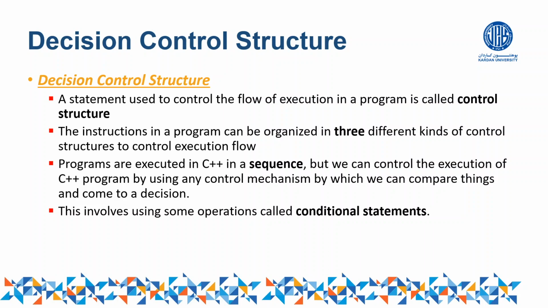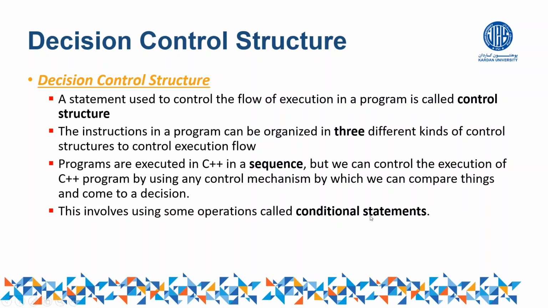We will see them when we write programs. This involves using operations called conditional statements. As I told you, here we are using some relational operators, and these relational operators are used in a condition. So a condition would be made first, and then based on the condition, if the condition is true, some statements will be executed.